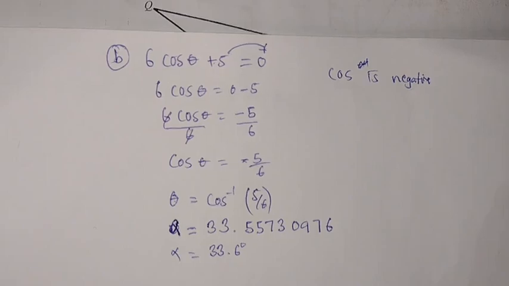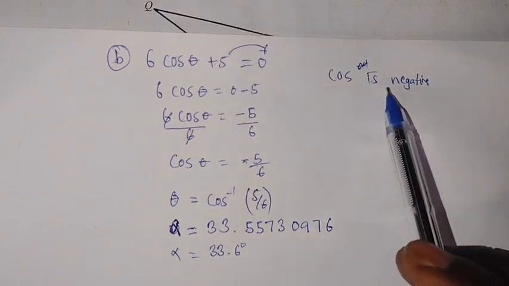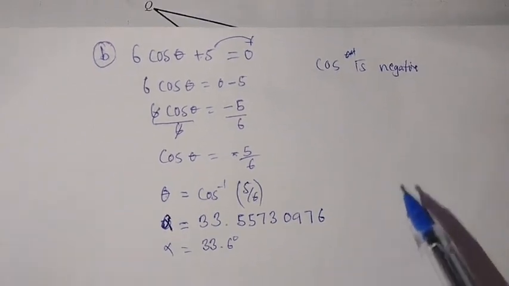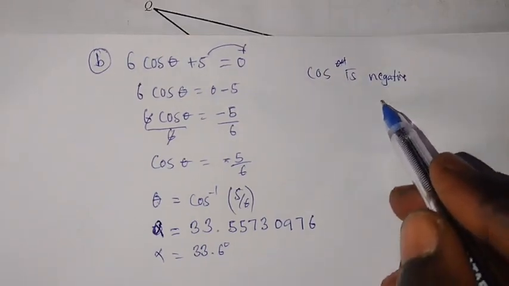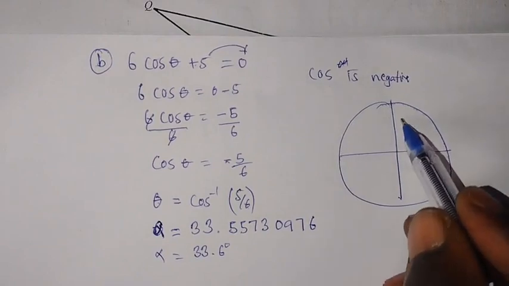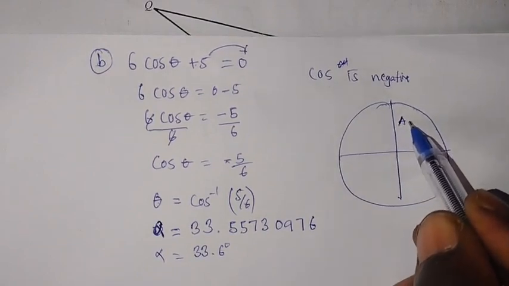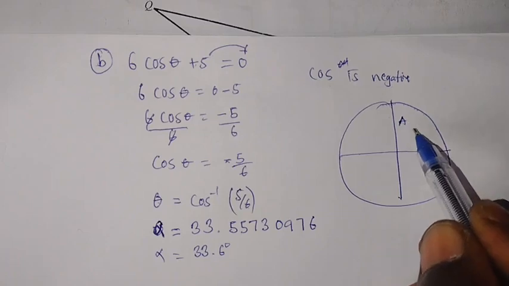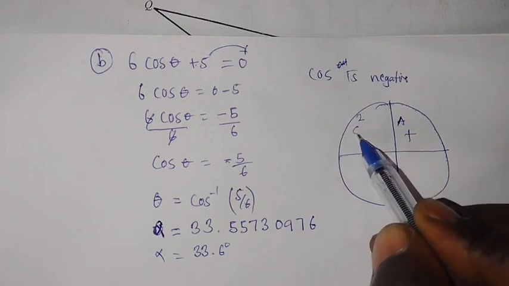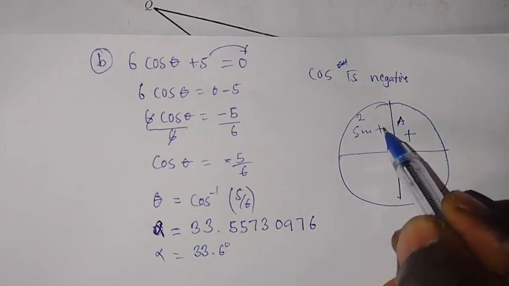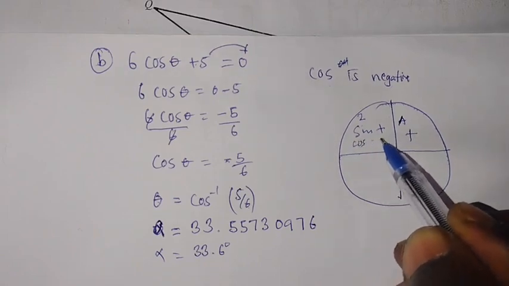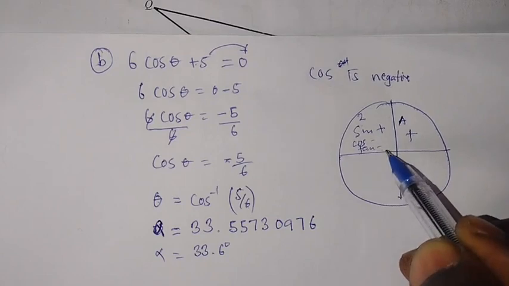Now remember, I did mention that this cos is negative. If we look at the ASTC circle, this is how it looks. In the first quadrant, all angles are positive. In the second quadrant, it's only sine that is positive; the remaining are negative, meaning that cos is negative, even tan is negative.